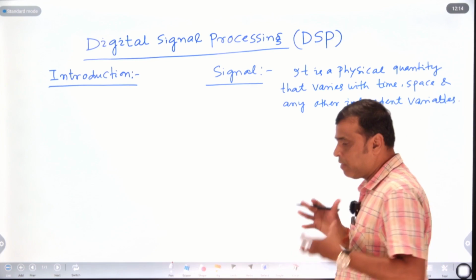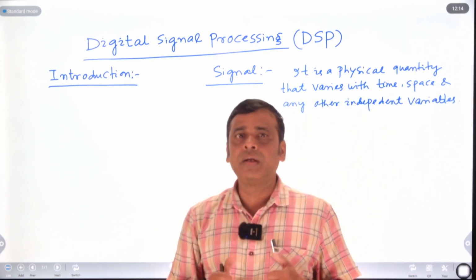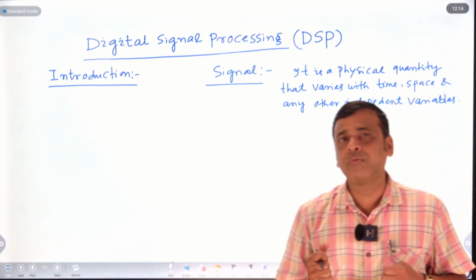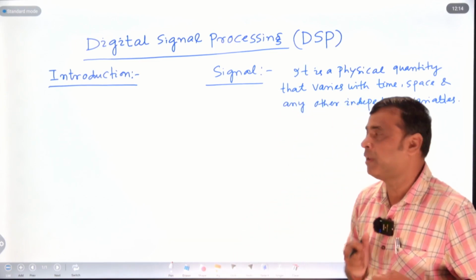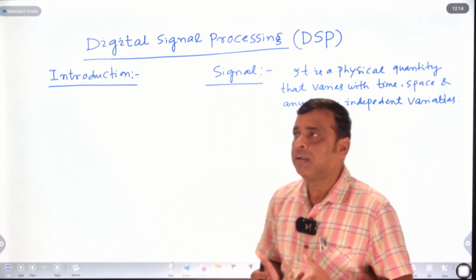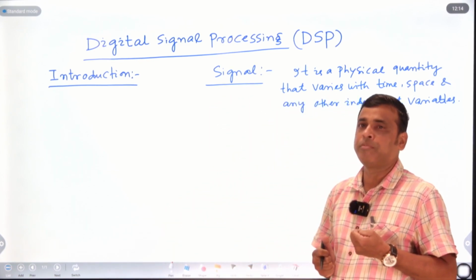Okay, the exact definition of signal: it is a physical quantity that varies with time, space, and with any other independent variable or variables. So more precisely we can say that a signal itself carries some information for observation.